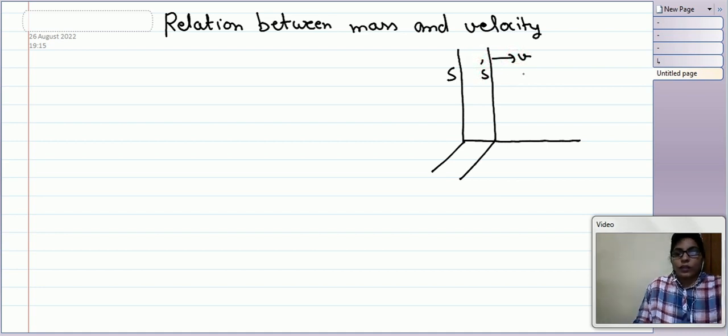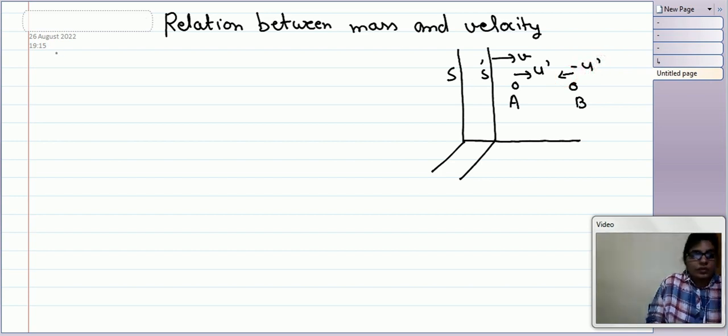Now let us assume that a collision is going on in the S dash frame between two identical particles A and B. Their mass will be the same and they are moving with the same velocity in opposite directions. This is the velocity u dash and this is moving with minus u dash. All these are happening in the S dash frame.